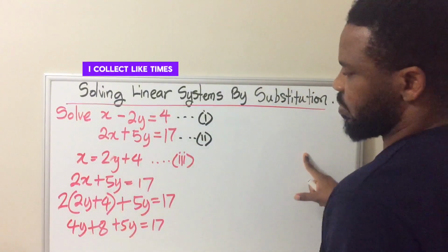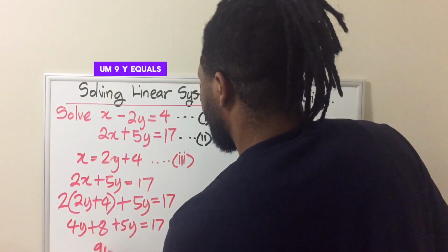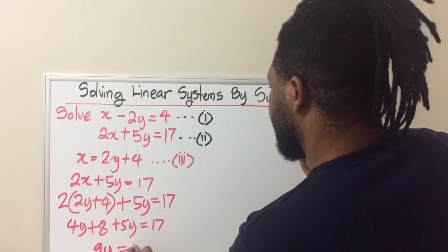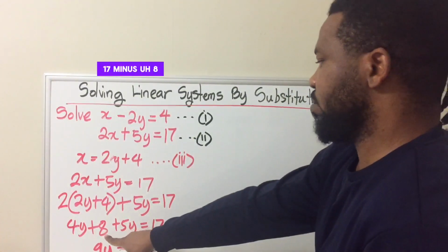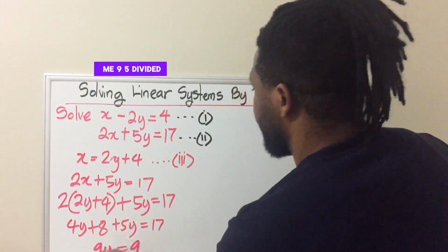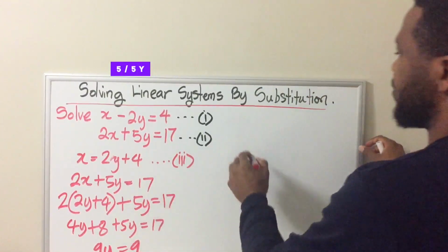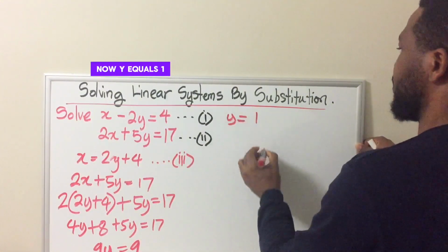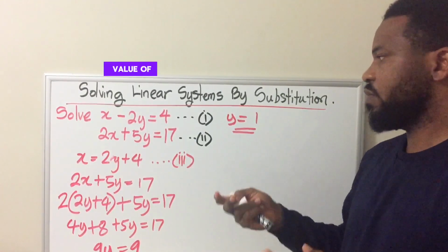If I collect like terms, what I have is simply 9y equals 17 minus 8, and that simply gives me 9. If I divide both sides by 9, that's the coefficient of y, now y equals 1. So this is the value of y. Now we've gotten the value of y.